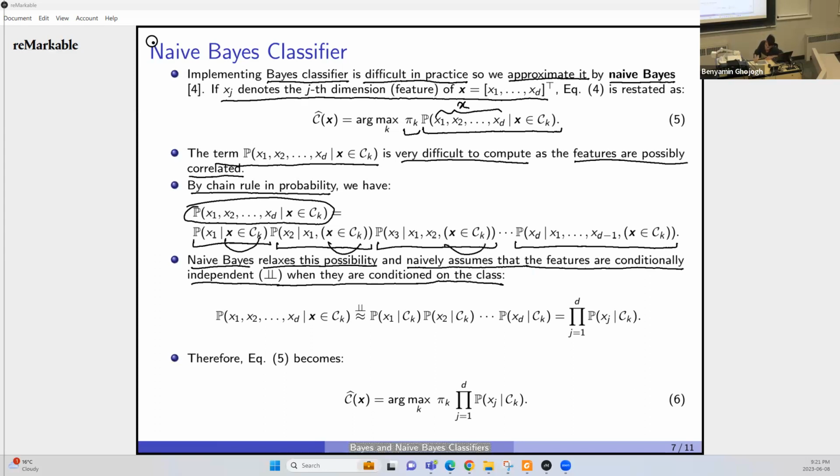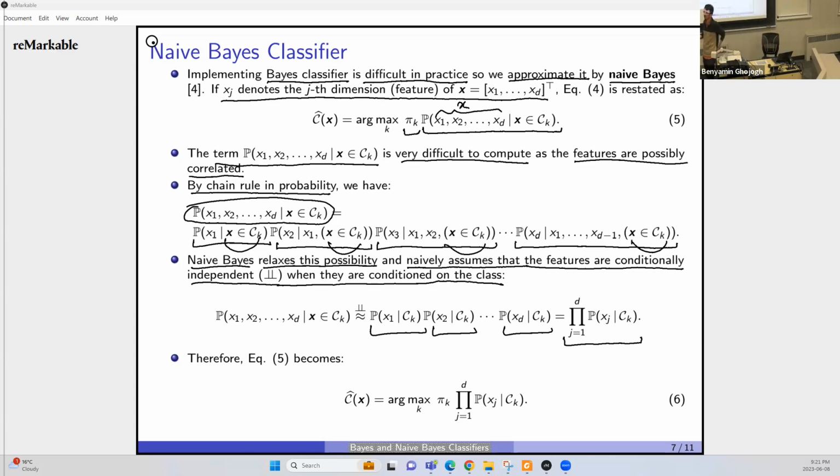Conditioned on the class, it assumes that they are independent. So it approximates this such that every feature is only conditioned on x belongs to Ck. So x1 doesn't depend on x2, etc. All of them are independent. Therefore, I can write it as the product of probability of xj given Ck, j goes from 1 to d.